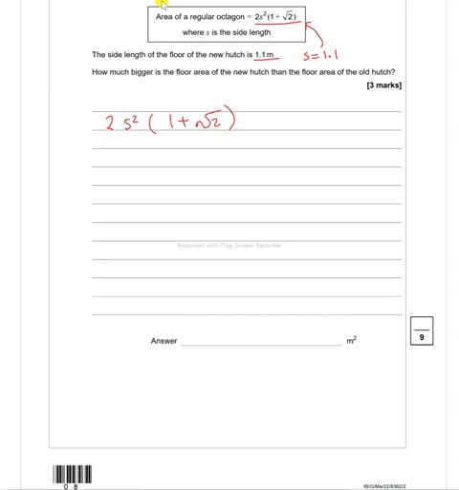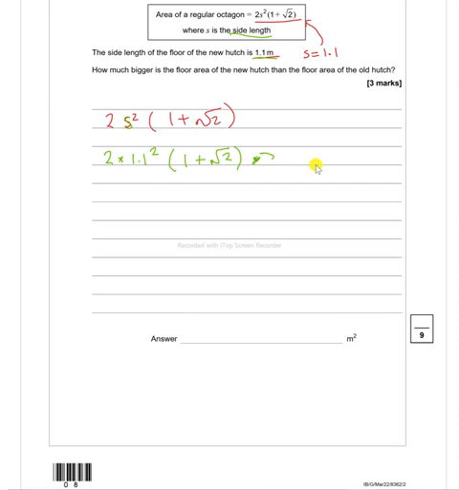So we've got an S here, and that's the length of the side, and they've said that the length of the new hutch is 1.1, so we replace S with 1.1, so it's 2 times 1.1 squared times (1 plus square root of 2), and you put this all into your calculator. Whoa, what's going on?